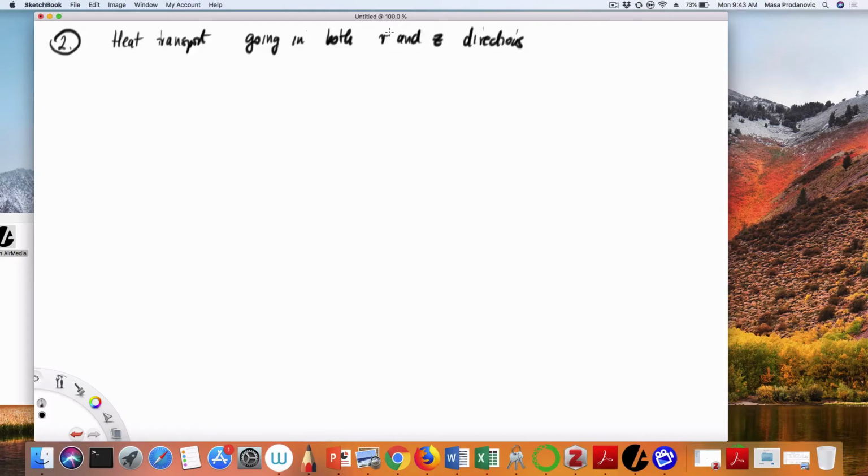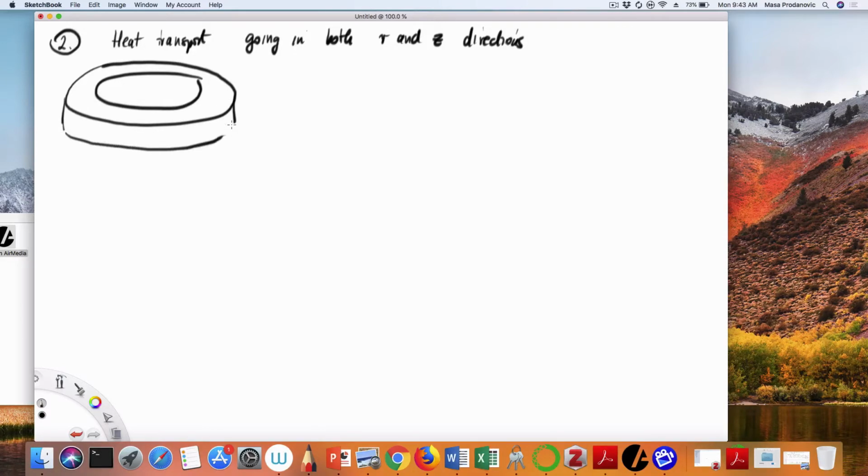So if I look at my shell balance, I'm going to draw myself a shell, my egg shell. Good news is my career does not depend on nice drawing. And there's this thing called computers visualizing things for you.